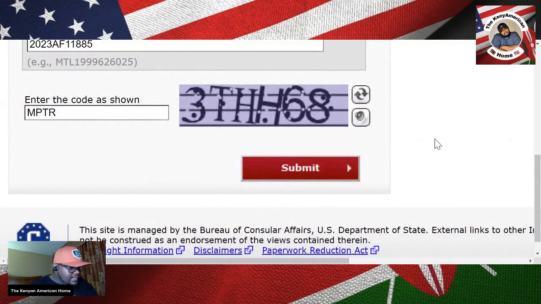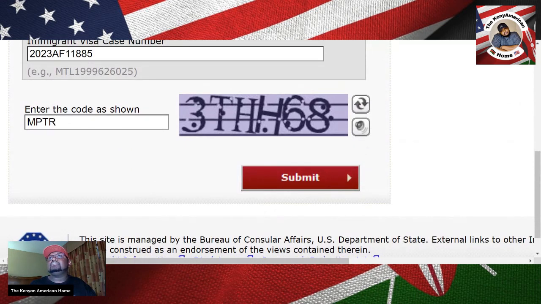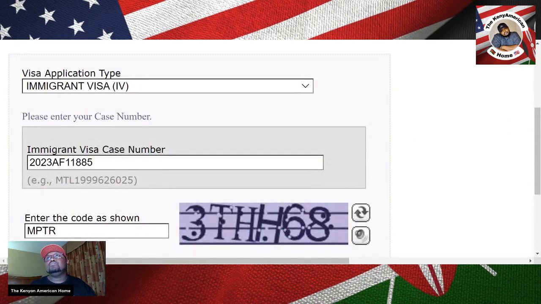So then the status that everybody is looking for, the status that everyone is hoping for, is this last one. This is good news. This is what everybody is looking for.